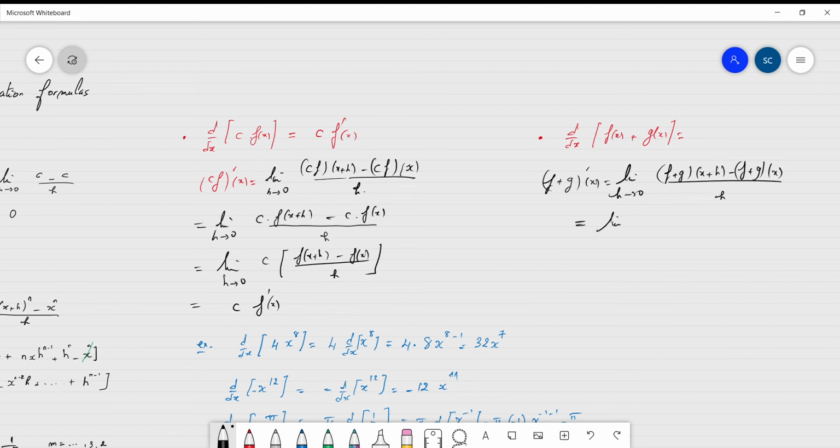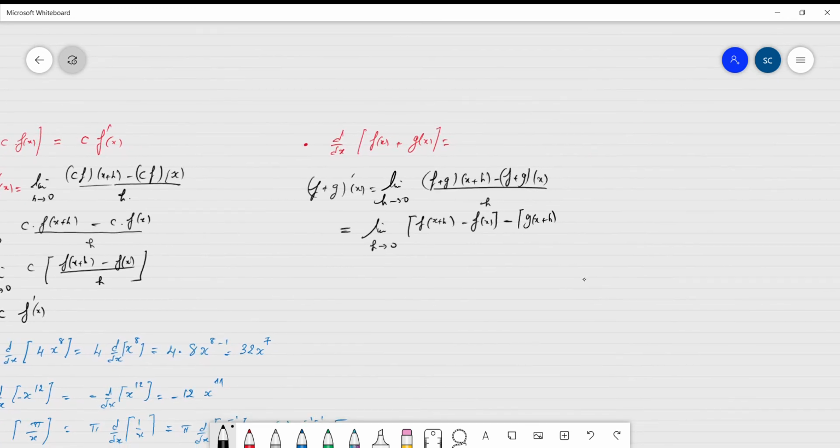So we will separate the expressions and regroup the terms in f at x plus h minus f at x, plus g at x plus h minus g at x, and then h is common, so I can separate it, and then clearly I will get the sum of the two limits.